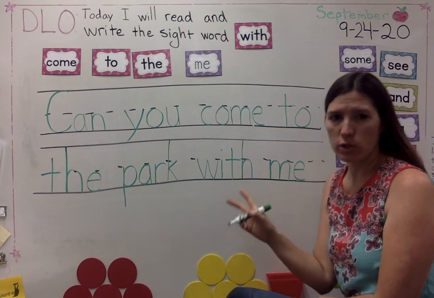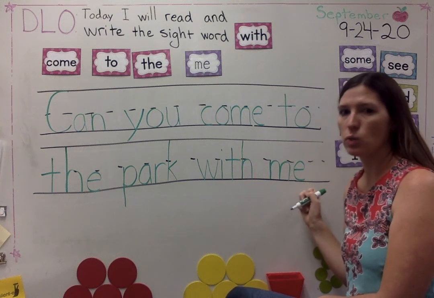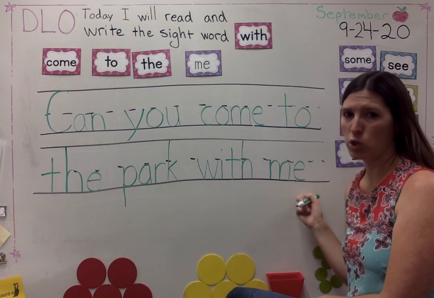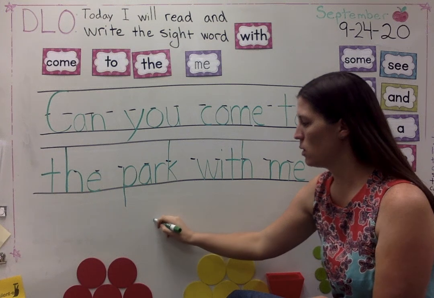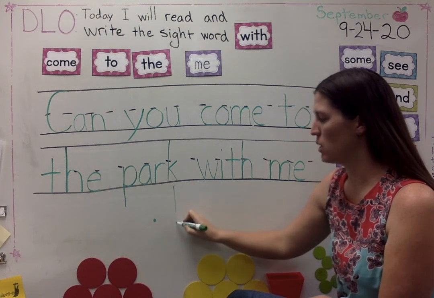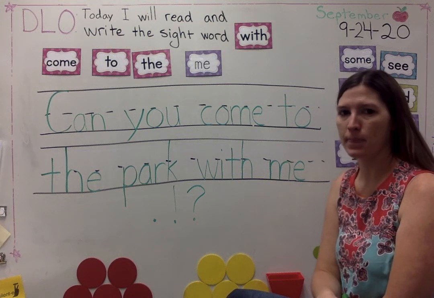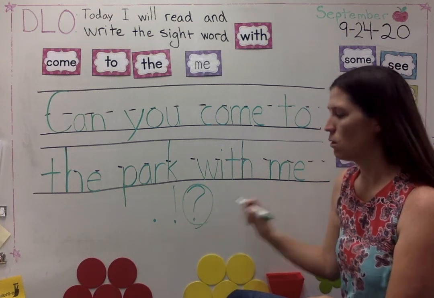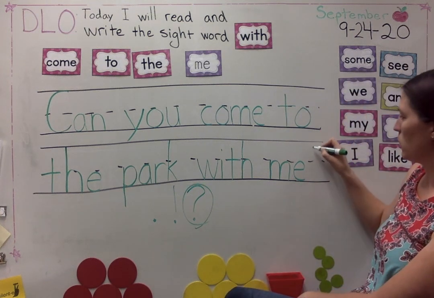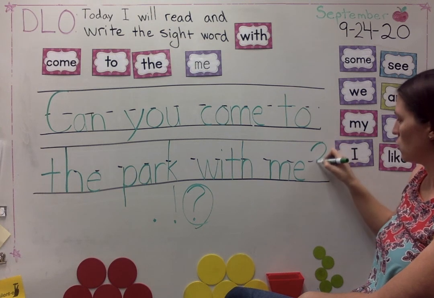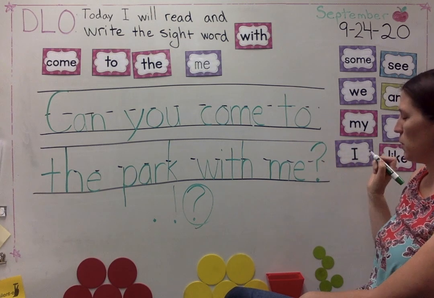I asked a question. What punctuation will I put at the end of my question? A period, exclamation point, or a question mark? I'm asking a question. I'll use a question mark. Question mark. We do a candy cane straight down and add a period.